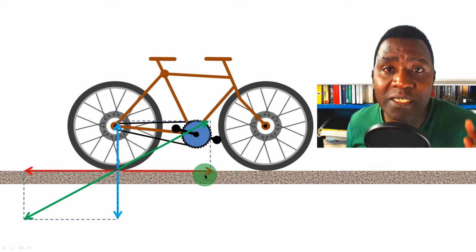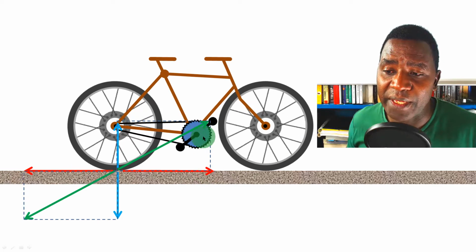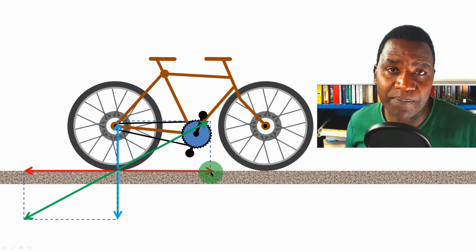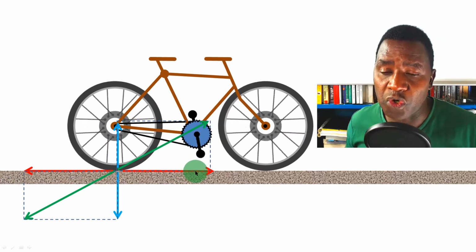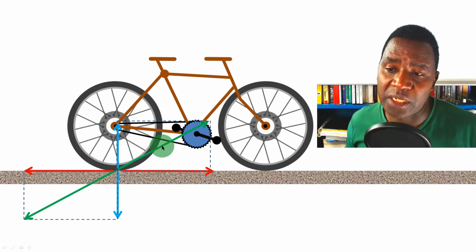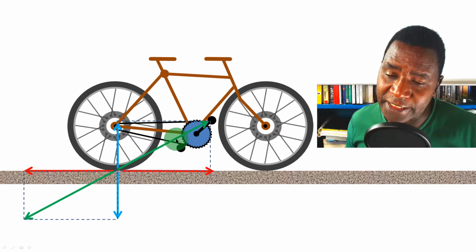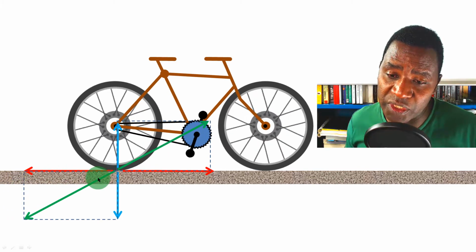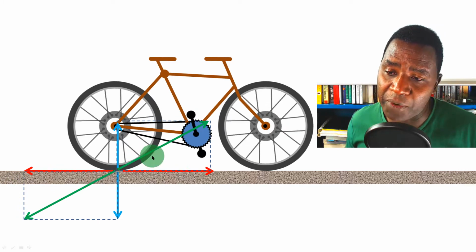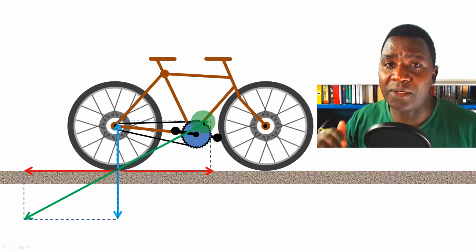Those are the real terms, the actual terms which are used to describe these components here: the frictional component of the contact force and the normal component of the contact force. And this force is exactly equal in magnitude to this force here, but points in the opposite direction, again obeying Newton's third law.